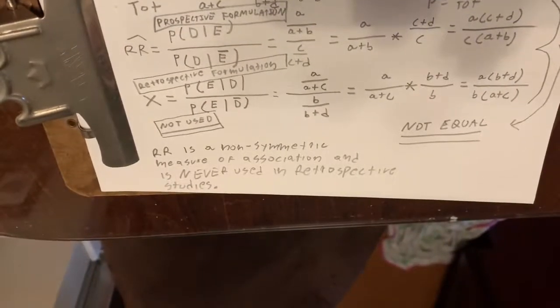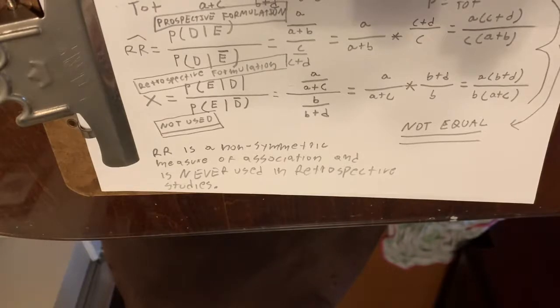So the take-home message here is that the odds ratio is symmetric and can be used in retrospective studies. It can be used in prospective studies, though rarely is it ever used in prospective studies. And in fact, if you're using this to study for medical board, probably best to say odds ratio is not used in prospective studies, even though there's no statistical reason why you couldn't.